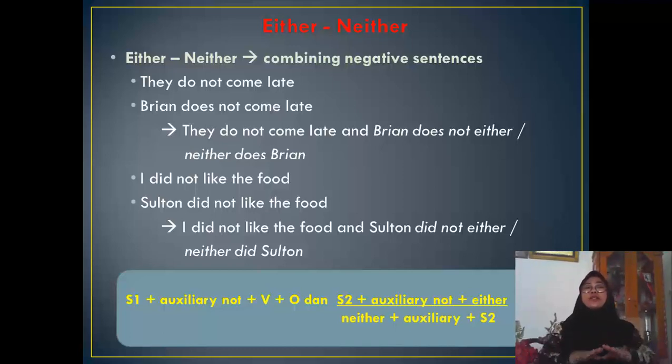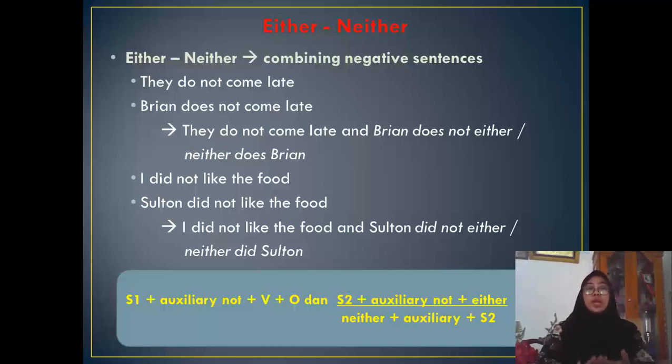The contexts are the same, still talking about not coming late. So we want to combine they in the first sentence and Brian in the second sentence. The sentence becomes: they do not come late and Brian doesn't either, when you want to use either. Meanwhile, if you want to use neither, your sentence becomes: they do not come late and neither does Brian.